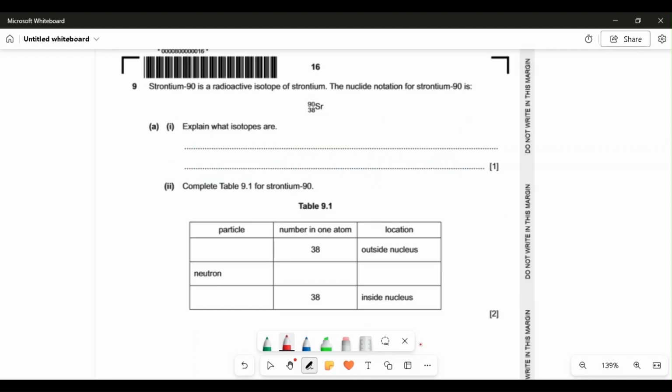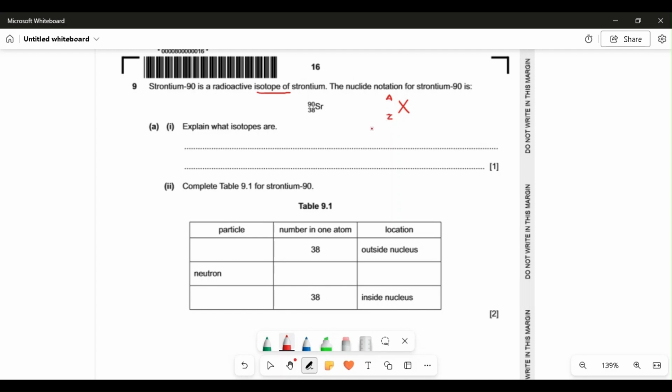Question number 9. Strontium-90 is a radioactive isotope of strontium. The nuclide notation for strontium-90 is here. We know that whenever a nucleus is denoted as a symbol, there are two things that we usually represent. At the bottom, we use the atomic number, and at the top, we use the mass number.